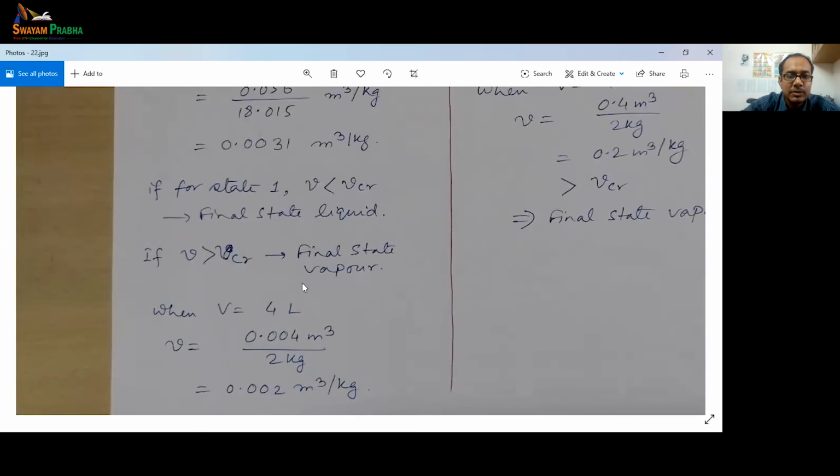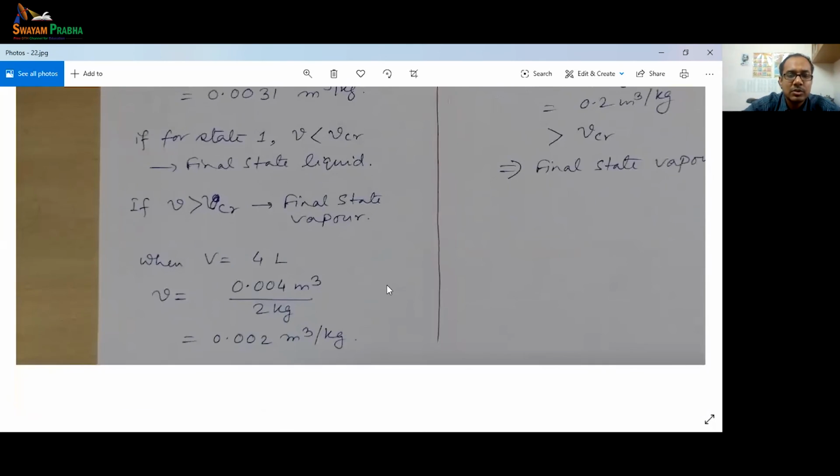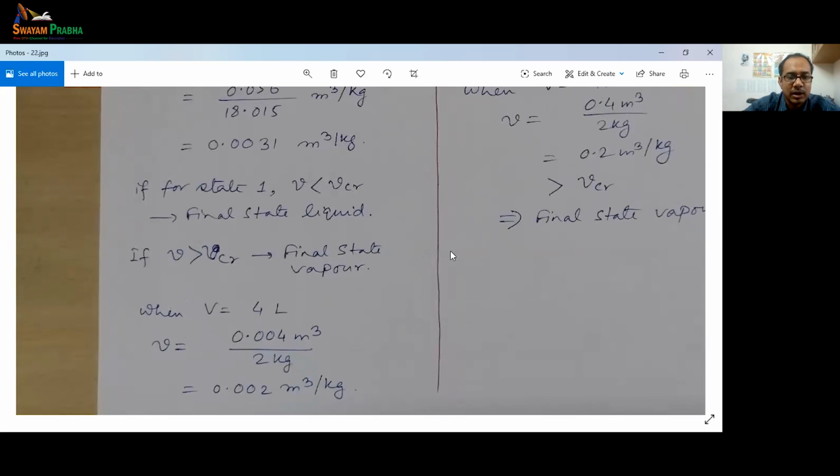So let's see what the specific volume is. If the tank volume is 4 liter, that is equivalent to 0.004 meter cube, and the water amount is given to be 2 kilogram. So the specific volume is 0.002 meter cube per kilogram.